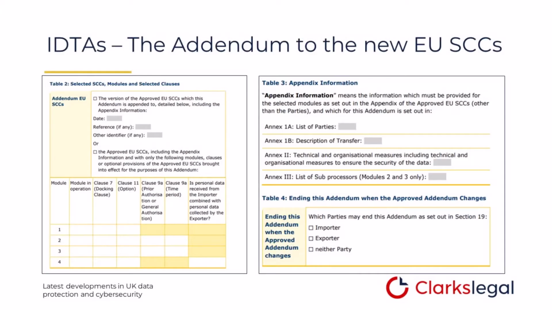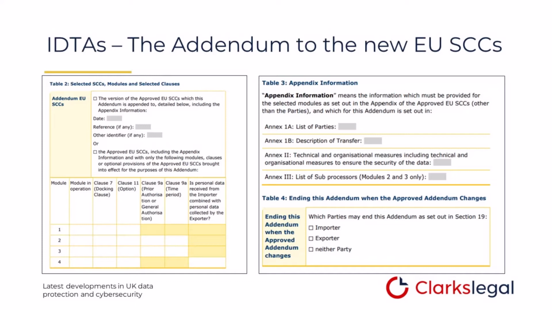In theory, the company could enter into one set of EU SCCs along with the addendum for the UK data. So, taking a look at the addendum, we can see that Table 2 shows you that you have the option to choose either to specify an identifiable EU SCCs agreement or to incorporate relevant modules.